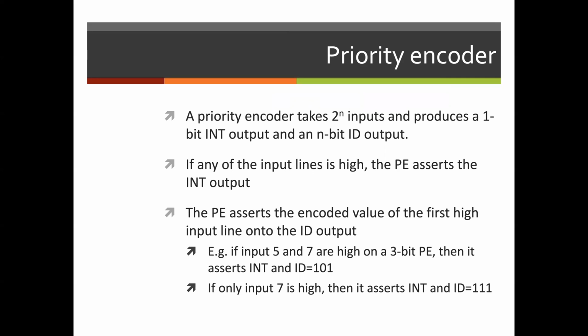The PE will assert the encoded value of the first high input line onto the ID output. So if inputs 5 and 7 are high on a 3-bit PE, then it asserts int and ID equals 101. If only input 7 is high, then it asserts int and ID equals 111 for the 3-bit PE.